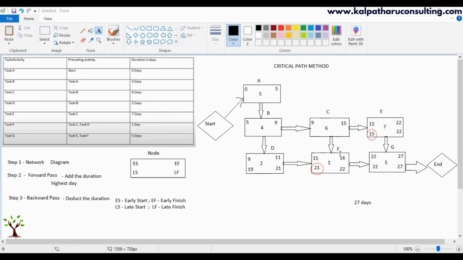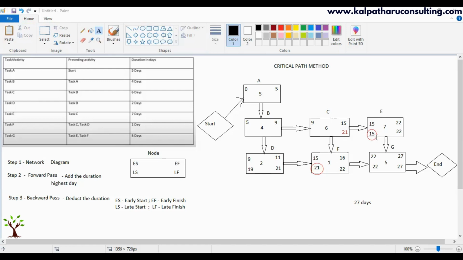Right? Okay. So let us take an example. We are going to take between 15 and 21. Let us take 21. If we take 21, which means C is getting completed on the 21st day. Correct? Yeah. If C is completed on the 21st day, F can be started on the 21st day. No problem. Correct? After C, E starts.